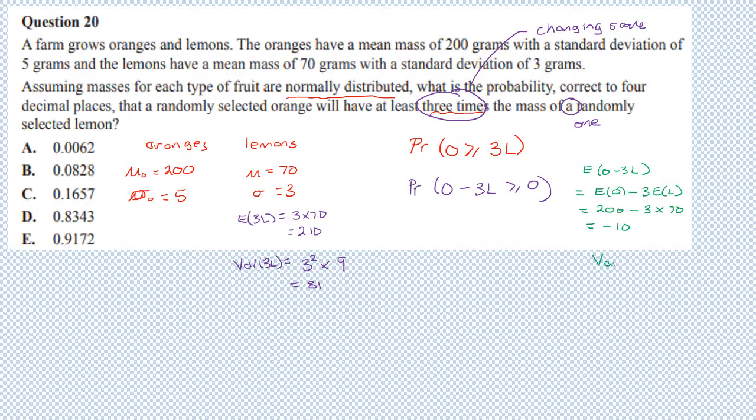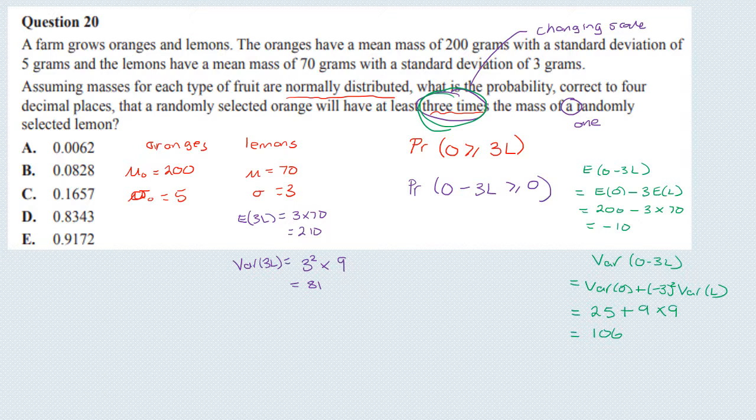The variance of O minus 3L is the variance of O plus negative 3 squared times the variance of L. So we get 25 plus 9 times 9, which gives us 106. Once again, the reason we can use these formulas is because we are just changing the scale. We're taking 1 lemon and multiplying it by 3. We are not getting 3 different lemons.